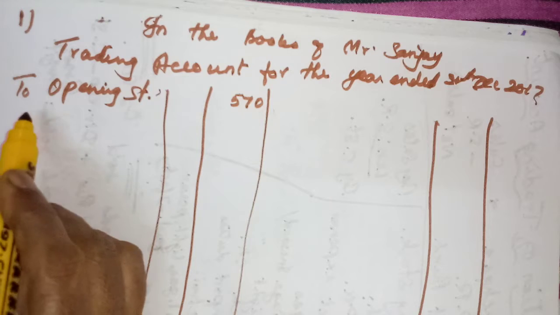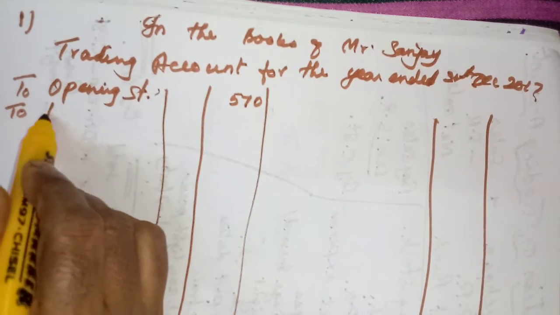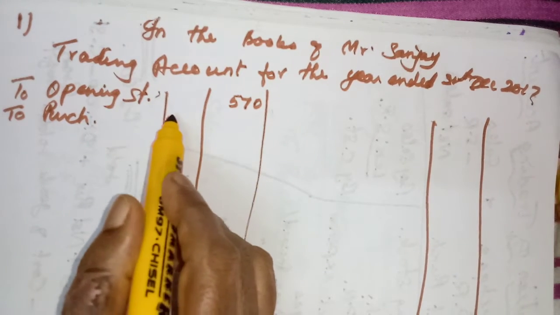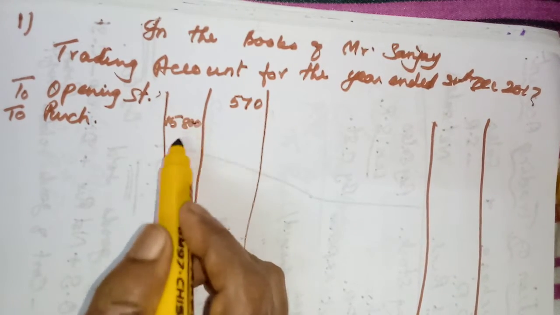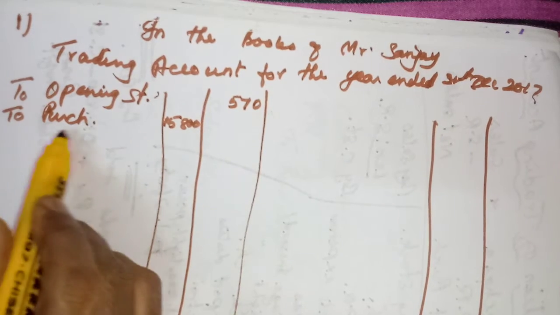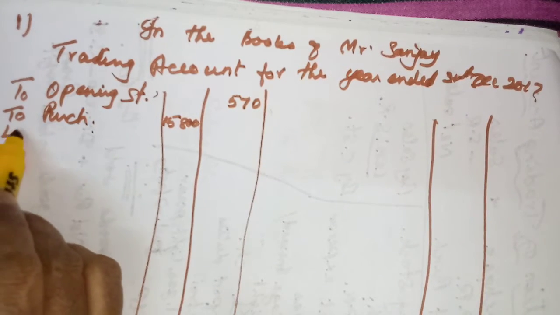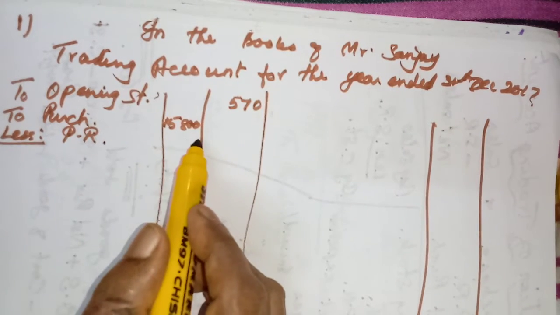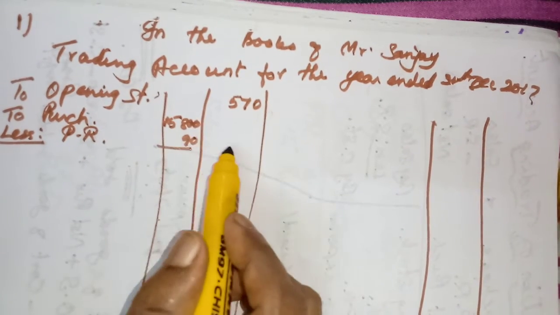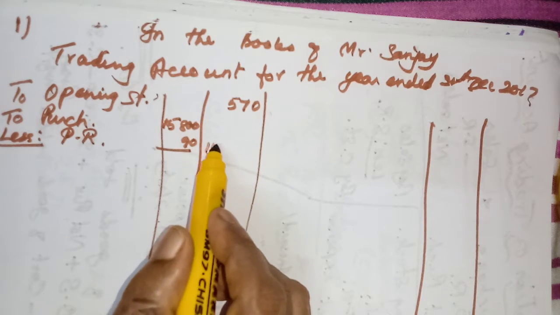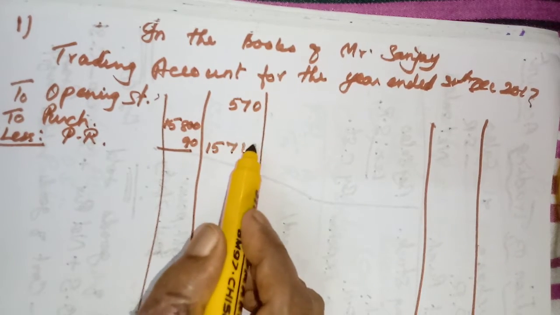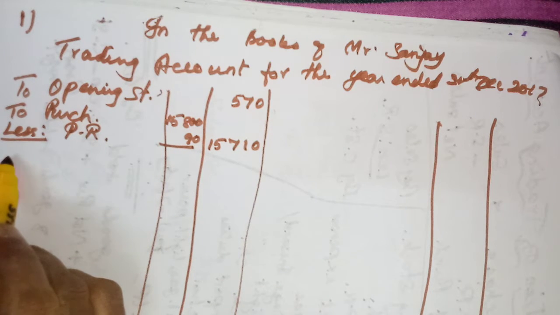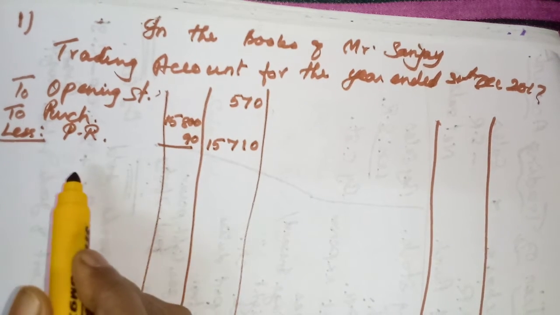Then to purchases, you write fully. You write this within the inner column, because we have purchase returns that might be deducted, less purchase returns 90. So 15,710. Then any expenses? No expenses, isn't it?